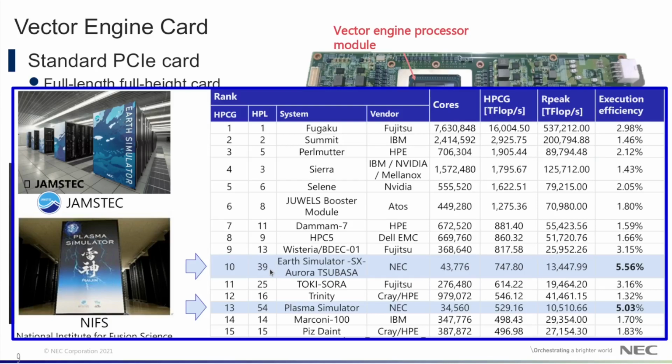As you can see, in HPL, the Earth simulator and the plasma simulator are ranked on the places 39 and 54, while in HPCG they show up pretty close to the top. This is due to their high memory bandwidth and good execution efficiency for HPCG.